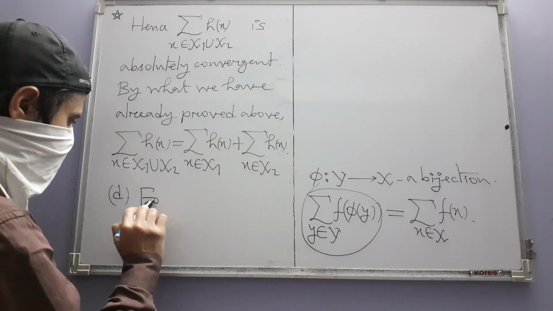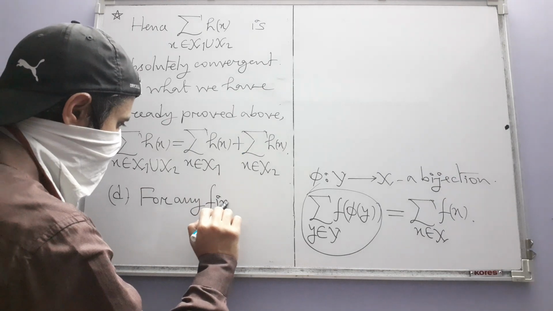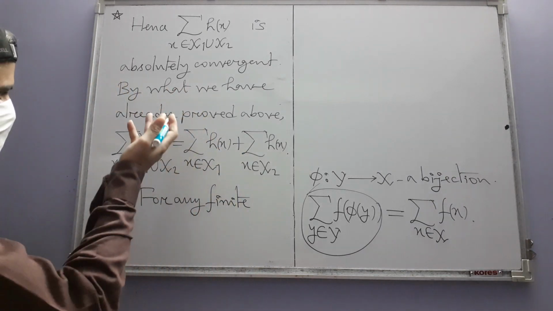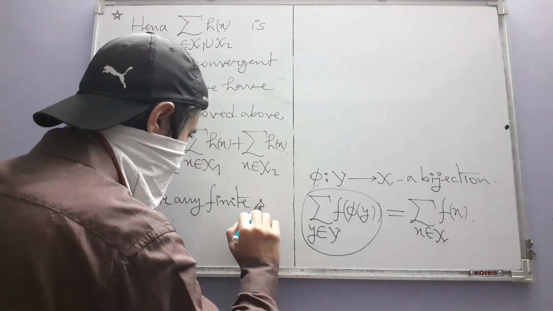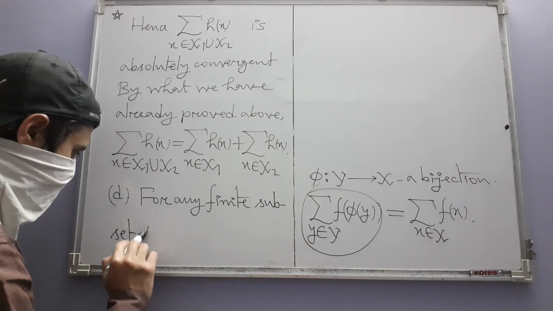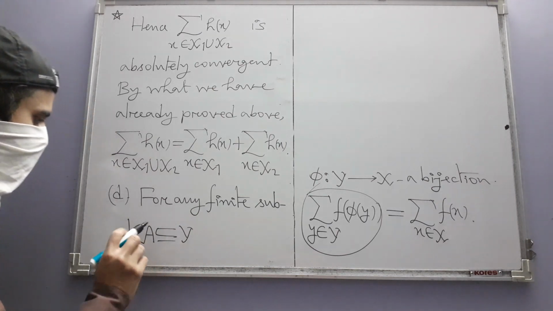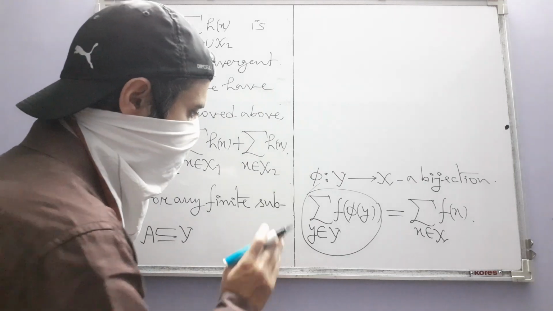For any finite subset, it's almost like the previous one. For any finite subset A of y, we have to consider such a subset of y because here the set over which you are considering the sum is y.